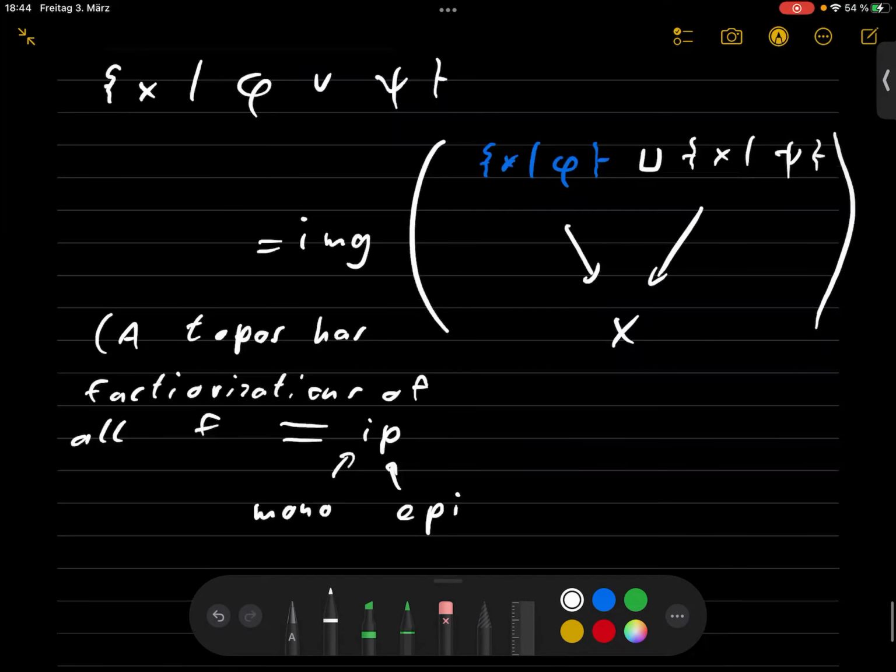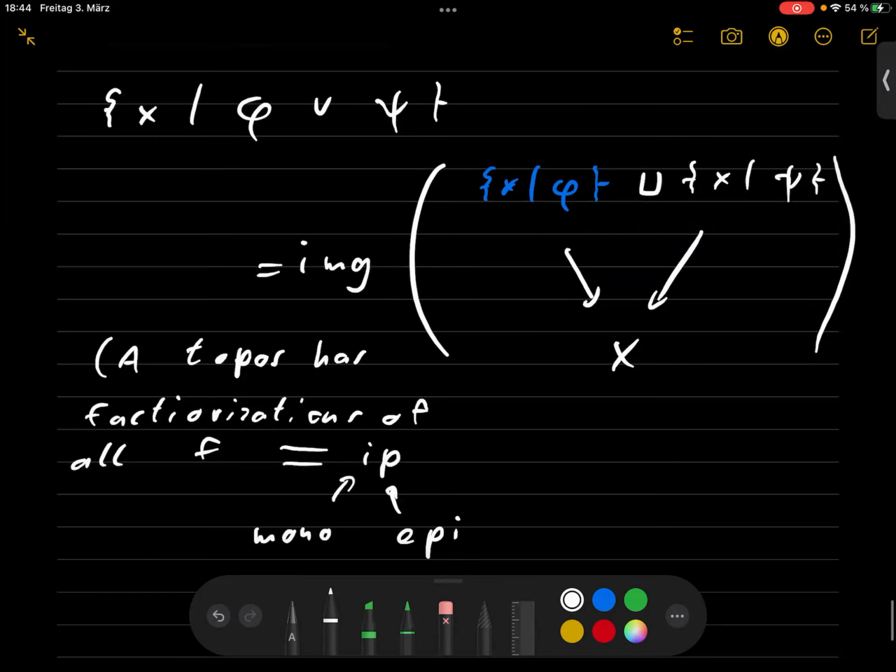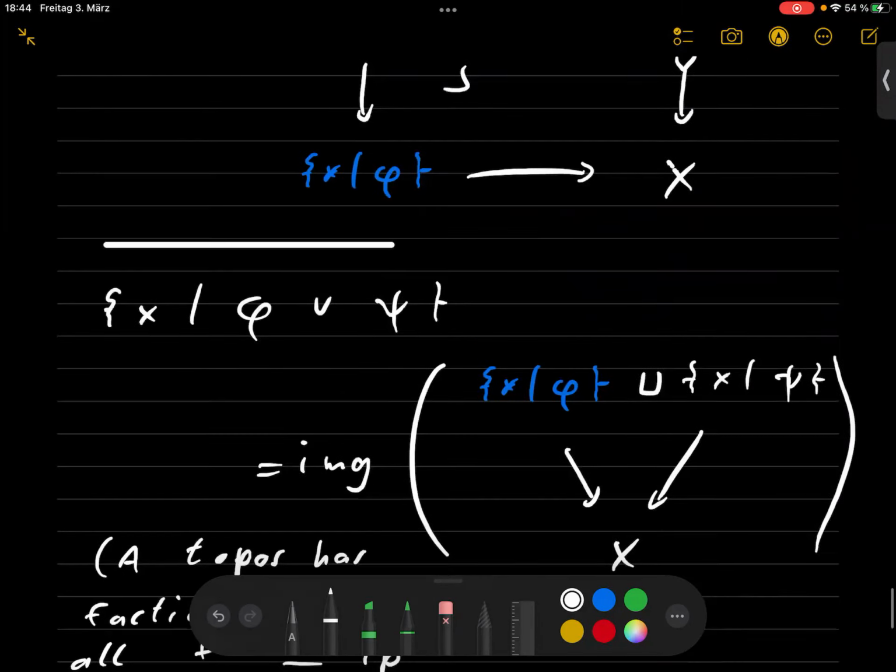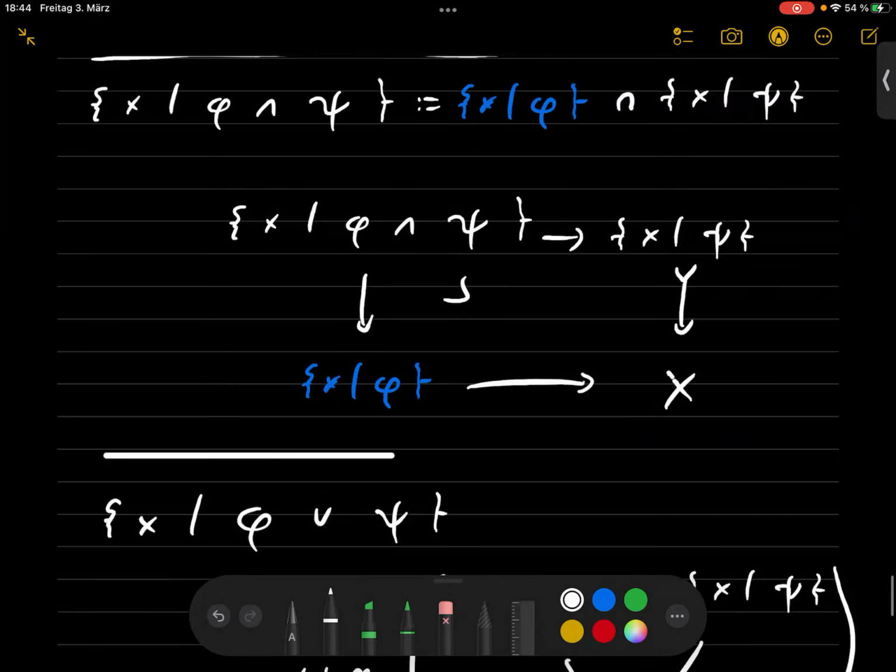So first some epi and then a mono. This is the image then, and then the image is actually uniquely determined by this property. I won't prove now that this works, but it works if you assume these axioms that the topos should satisfy. Okay, and this is how you describe the union or how to interpret the or juncture.